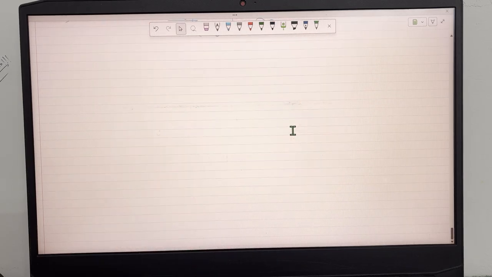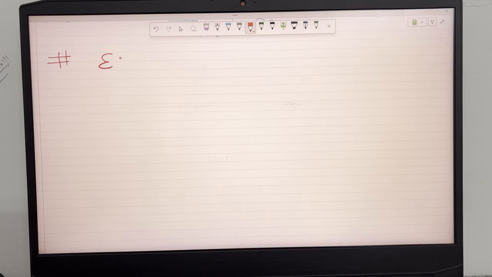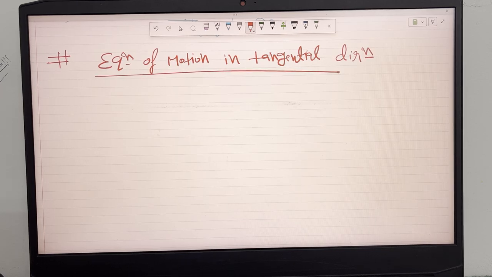So now write a new topic: equation of motion in tangential direction. First, let's see the tangential direction. Okay, now let's start.